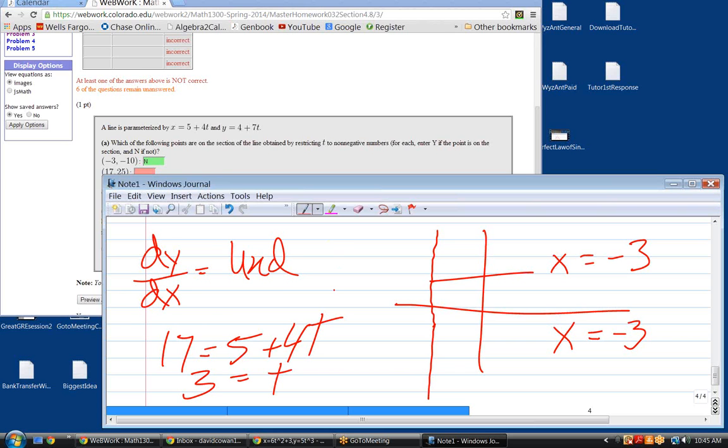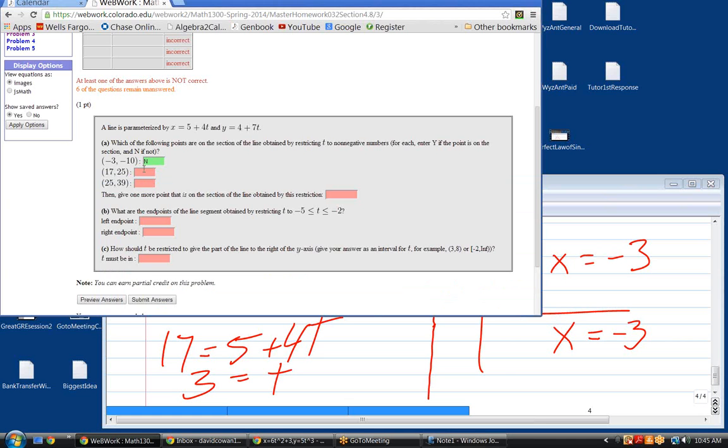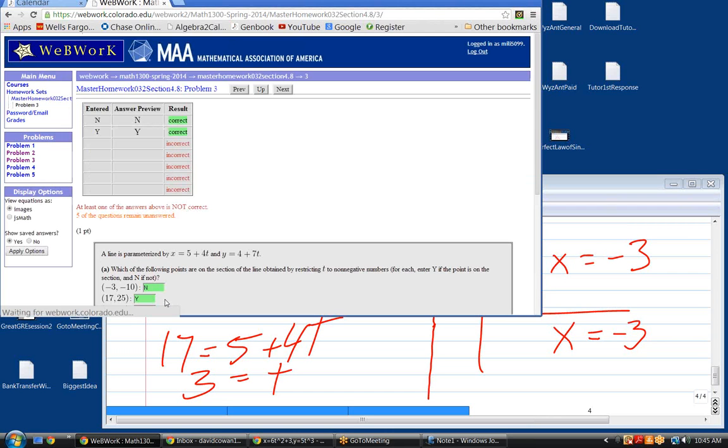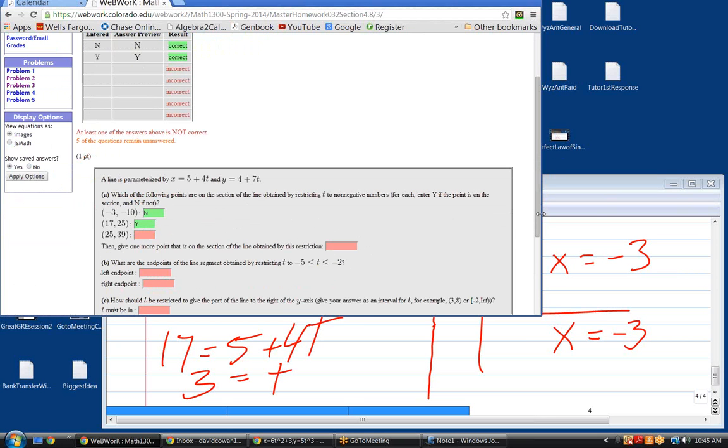And 25 would have to equal 4 plus 7 times 3. And it does. So we can get this point here on our curve. You see what I'm doing? Yeah. You're just setting them equal and seeing if that's correct. Okay, now we just have to try the third point.